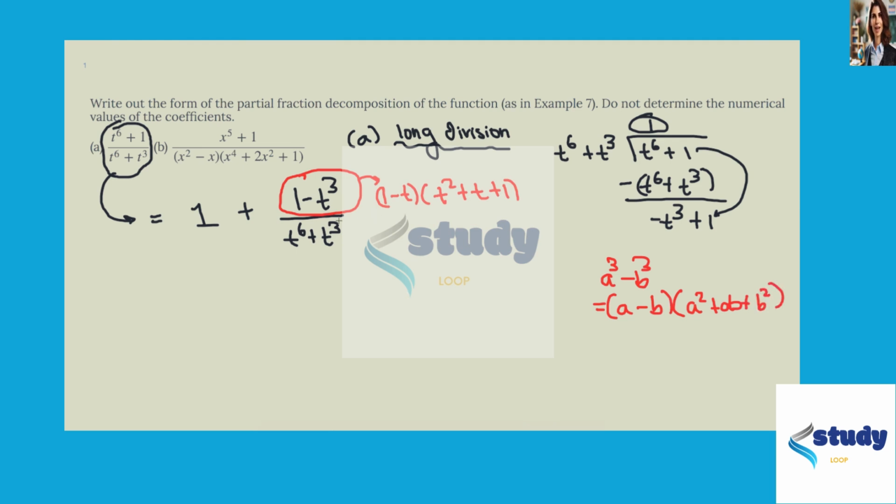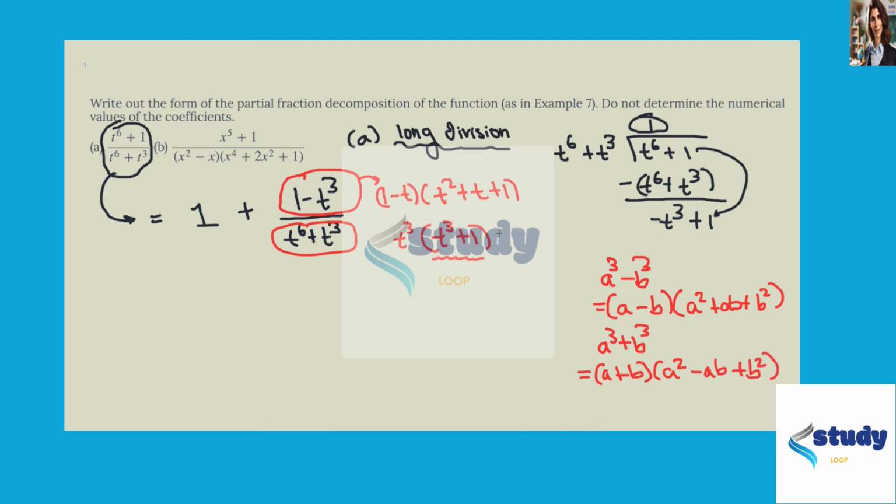And then on the denominator, we could go ahead and pull out a t cubed, and we're left over with t cubed plus 1. But this is a sum of cubes, t cubed plus 1 cubed. So there's a sum of cubes formula that you might recall. This time it's a plus b, and then a squared minus ab plus b squared.